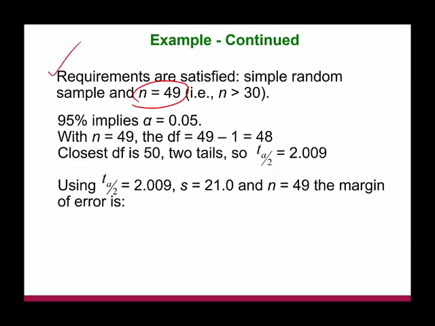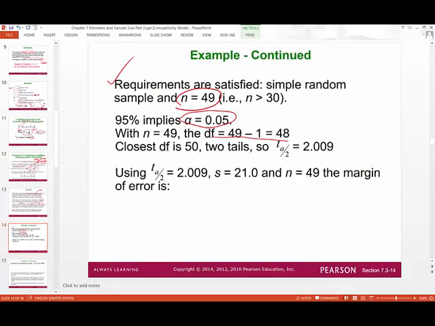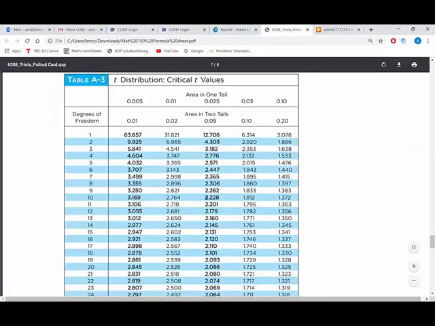Check that first. A 95% confidence level implies alpha equal to 5%, which is 0.05. And the sample size is 49, so the degree of freedom equals 49 minus 1, equal to 48. If you go to table A3, as you can see, there's no 48.